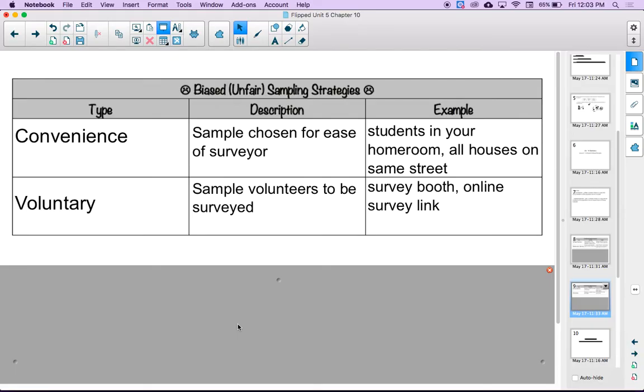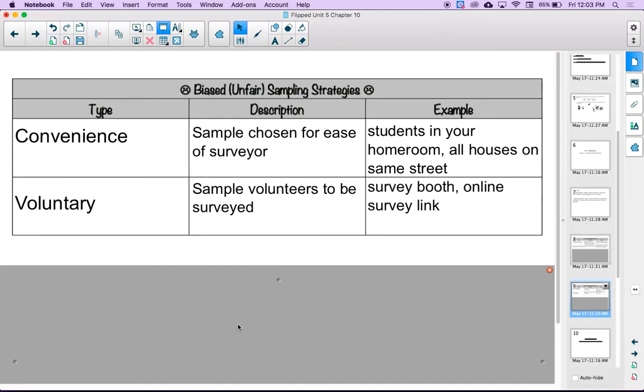They volunteer for it. This may sound like it's a really fair way to get survey results, but the reason that a voluntary sample is not a good strategy is because people that volunteer to take surveys typically feel strongly one way or another about your topic. You tend to not take a survey about a topic you don't care about.